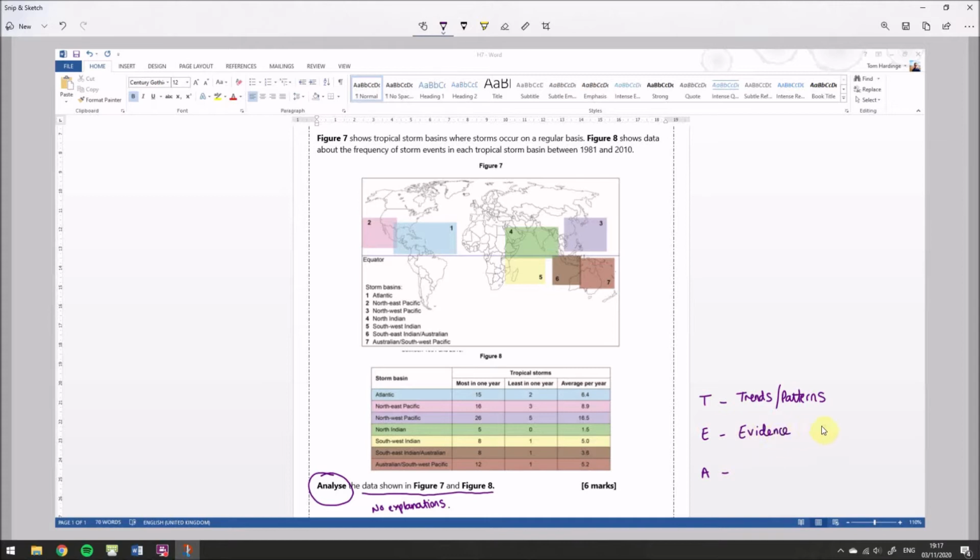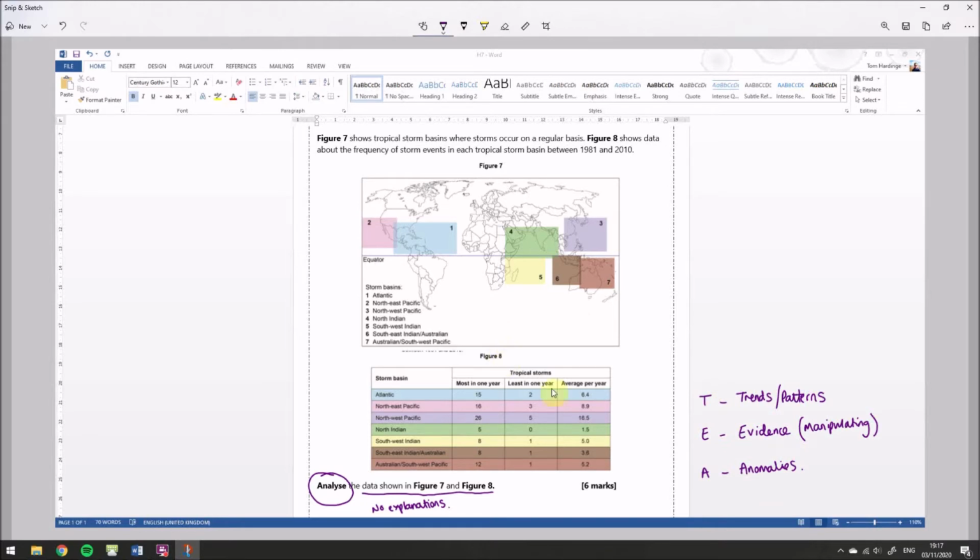So we want to be using some evidence from the table, and in particular we want to be manipulating that evidence. So we want to be working out differences or increases, decreases, that kind of thing. And A stands for anomalies. So we want to have a look for anything within the data that doesn't fit the trend or pattern that we mentioned a moment ago.